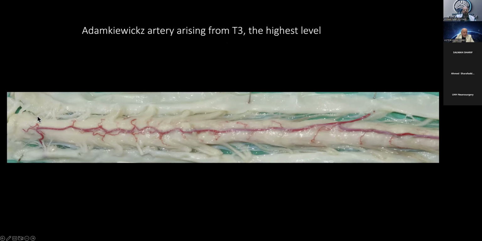So here we have the nerve roots 1, 2, 3, 4, 5, 6, 7, 8, 1, 2, 3. It is coming from T3 on the left side. So this was the highest level found in the 50 spinal cords studied.